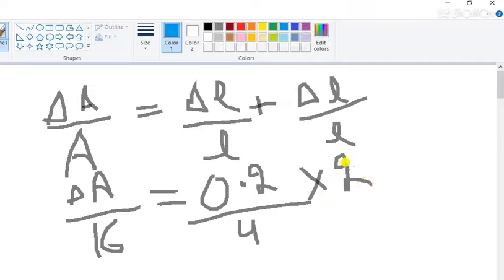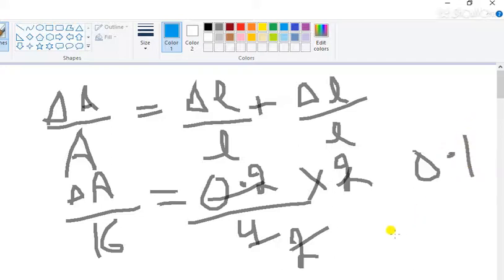So 2 into 4 is 8, and this will cancel out, so it will become 0.1. Multiplying it with 16 we will get 1.6.